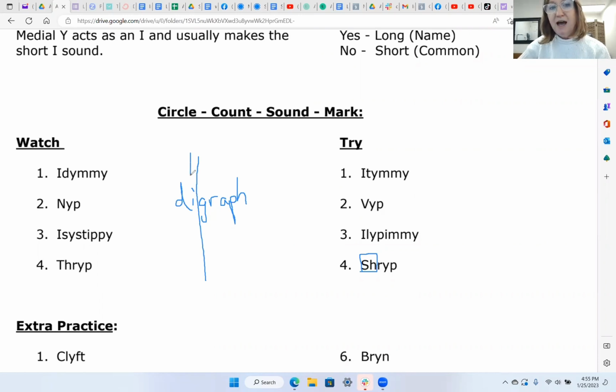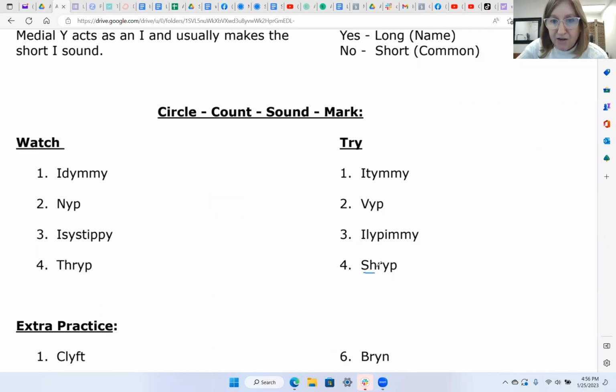See, the Greeks will put the I in a prefix, but they won't put it in the middle. They don't put I's in the middle. Graph means anything to do with writing. So this is two letters that make one sound. Digraph. I just want to show you that Greeks do put I's in a prefix, but not in a root word or a base word.